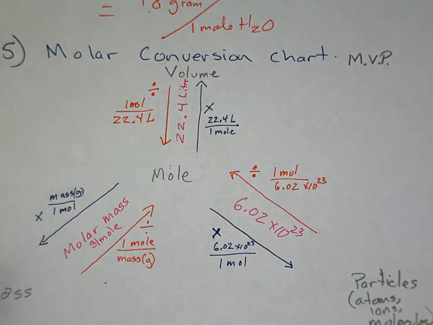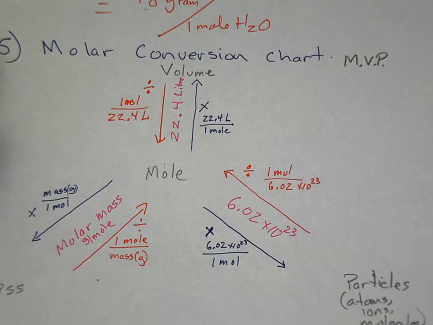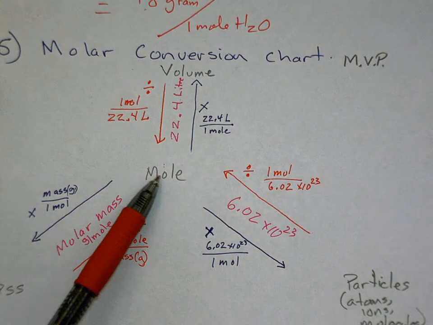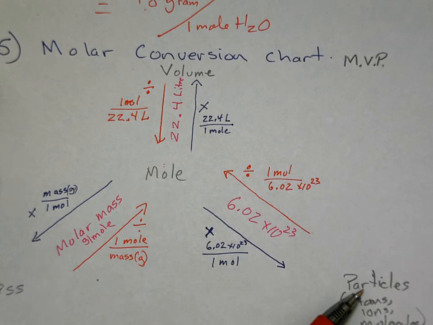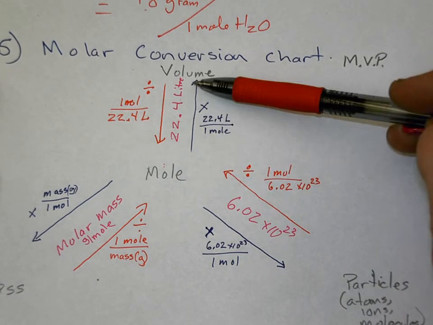We're going to begin pretty soon, in fact even today, working on problems where we're doing 2 conversions. Right now we've just been practicing single conversions: mass to moles, moles back to mass, moles to particles, or particles back to moles, and we started practicing volume today.